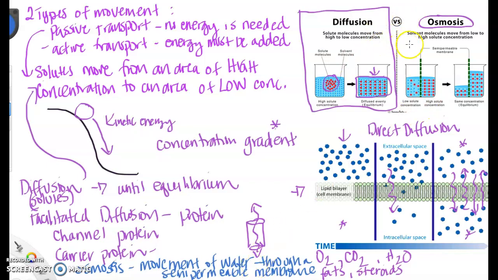So when we look at this picture of osmosis, we have this beaker full of water, and there's a semi-permeable membrane in here. Then we add solute, where we end up with more solute on one side than on the other. So we've got high solute here and low solute here. But the membrane is not permeable to the solute.